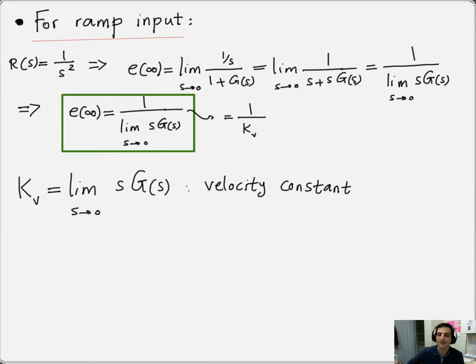So s multiplied by G of s still has at least a single s in the denominator. When you let s go to 0, the limit of sG of s becomes infinity, and that's the condition you must satisfy in order for the steady state error to a ramp input to be equal to 0.